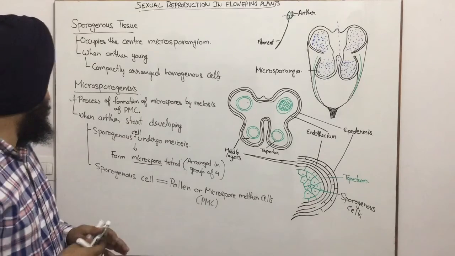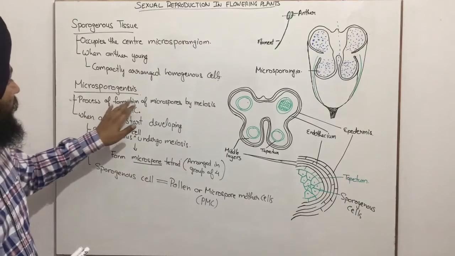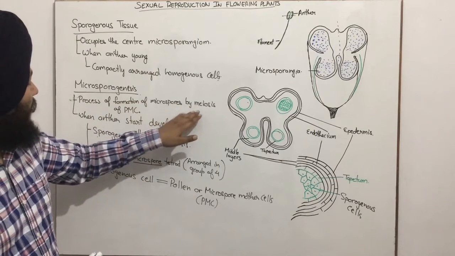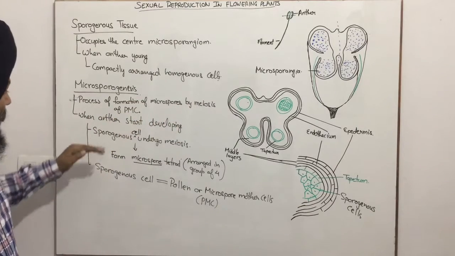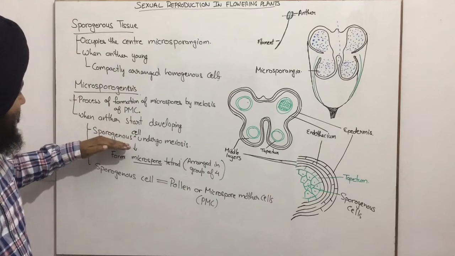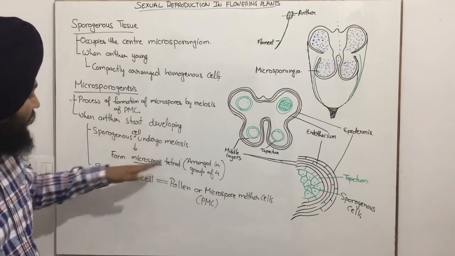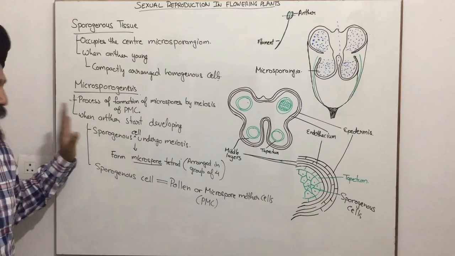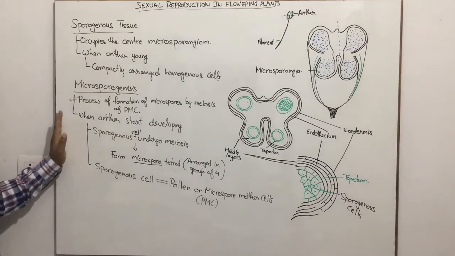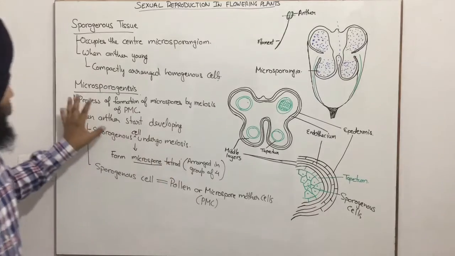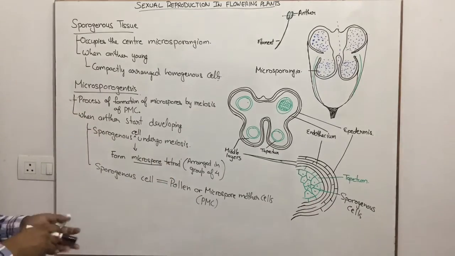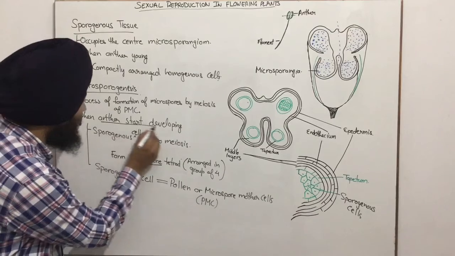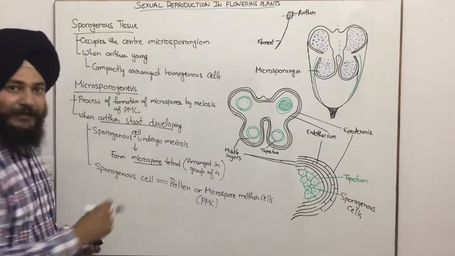So it is clear, the pollen mother cells, that are the sporogenous cells, undergo meiosis to produce the microspores, and that is called the microsporogenesis.